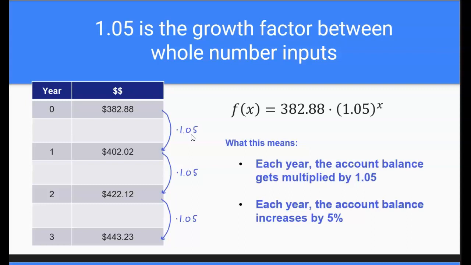Now switching back to words, what this meant in our story is each year the money is in the bank account, the account balance gets multiplied by 1.05. That's the same thing we did in our calculator, right? We just typed in multiply by 1.05 and we got the next year. Multiply by 1.05, get the next year. This is another way of saying each year the account balance increases by 5%. So a multiplication factor of 1.05 is the same thing as 5%.